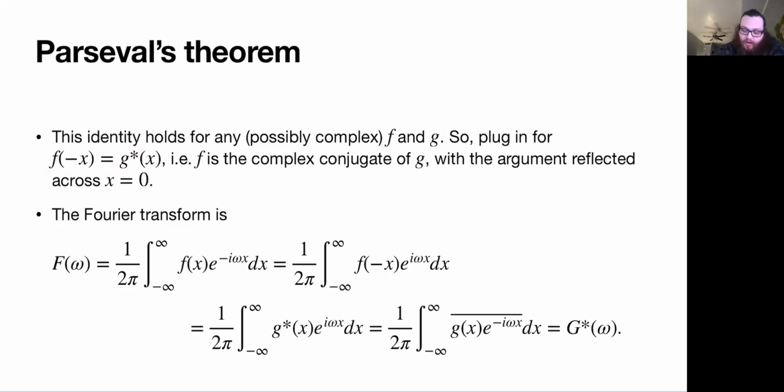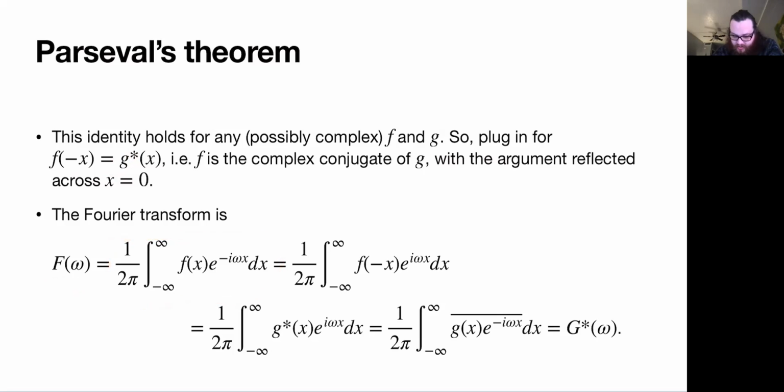So the question is, where we choose f to be this, how do the Fourier transforms of f and of g relate? Well, let's take the Fourier transform of f, that's this thing right here.